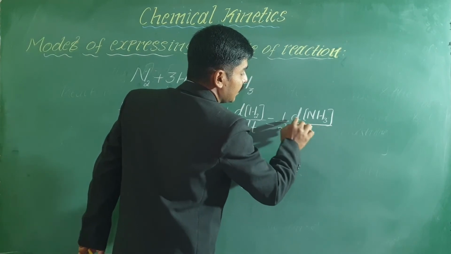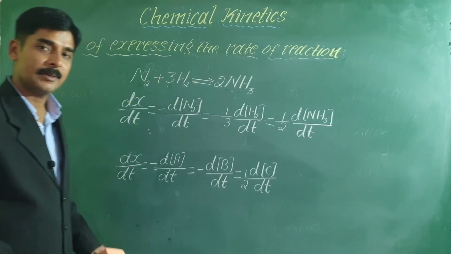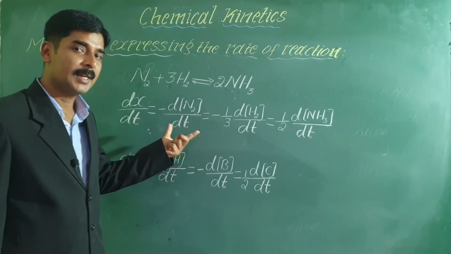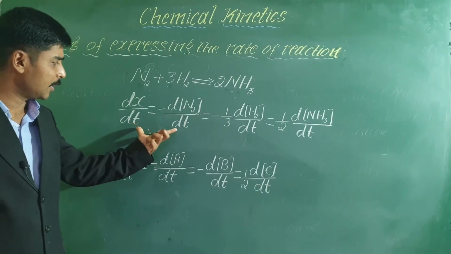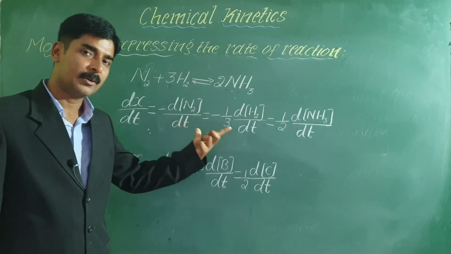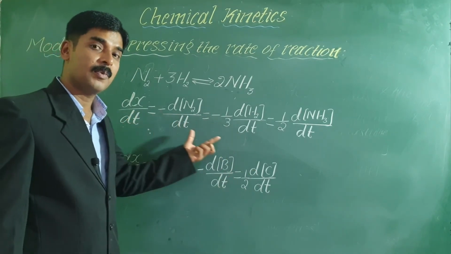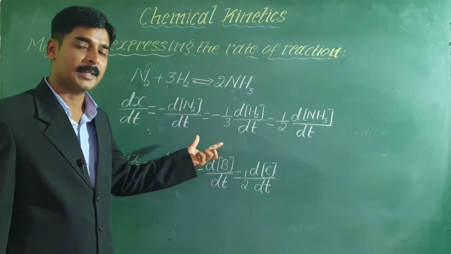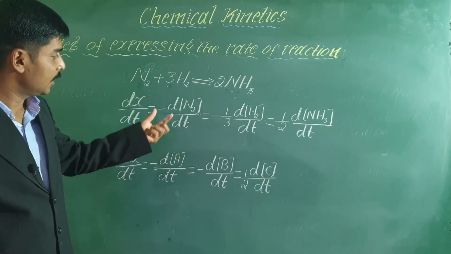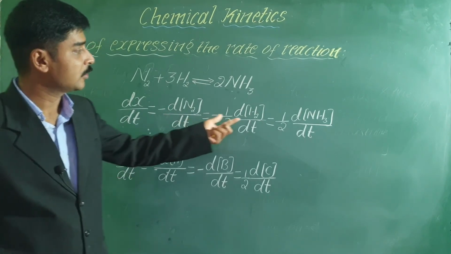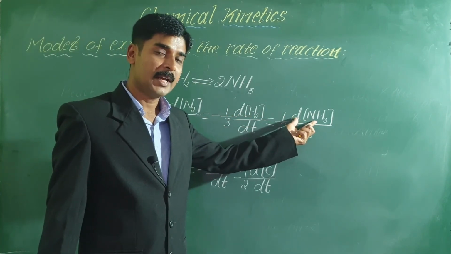So this is how you will express the rate of a reaction with respect to any one of the reactants or any one of the products. And this is very important for competitive exams. In examination, they will give you the rate of disappearance of N2 and ask you to find the rate of appearance of NH3.